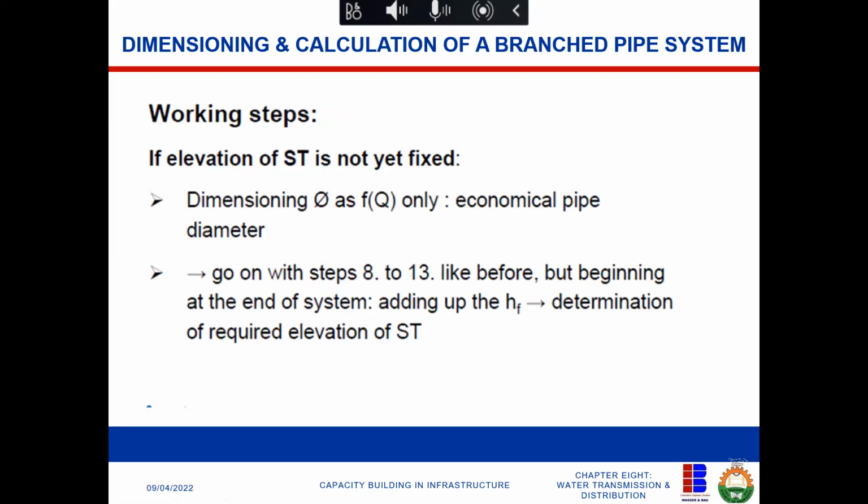But if your elevated tank has not been fixed, in other words, you didn't have a presumption of what you want your service pressure to be, then you just dimension your Q as a function of discharge only. So this one is more talking about nominal design. You go back to steps 8 to 13, like before, but beginning at the end of the system.